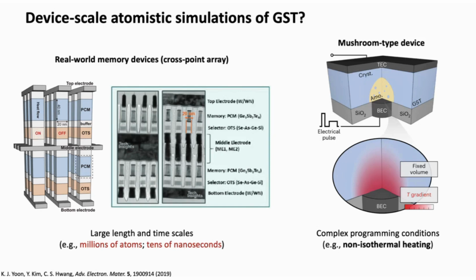This is different from the conventional NPT or NVT simulation, where temperature is constant everywhere across the whole cell. Under non-isothermal heating conditions, there's a prominent temperature gradient which might give you different structural or dynamical properties.